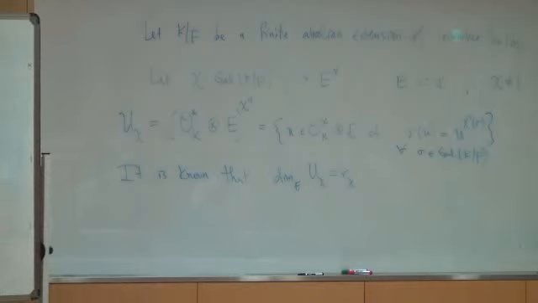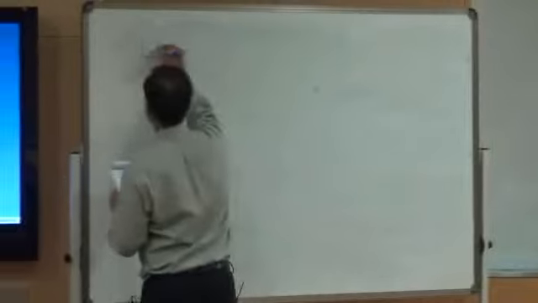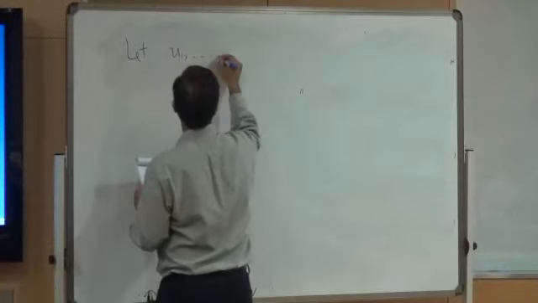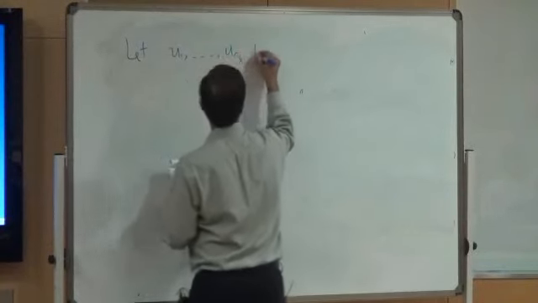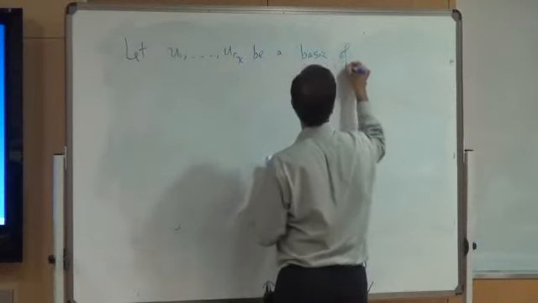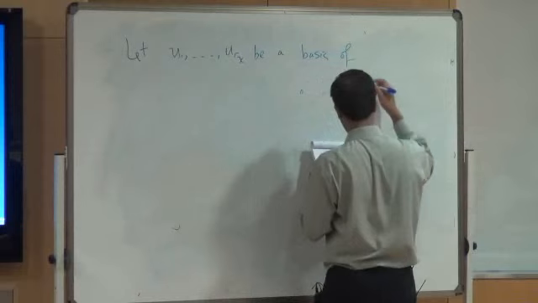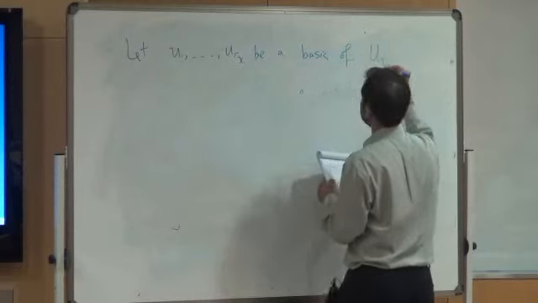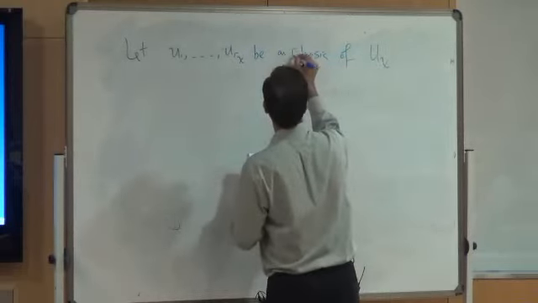And the leading term is essentially going to be the regulator of this basis. So conjecturally, let U1 through U R chi be an E vector space basis of U chi.